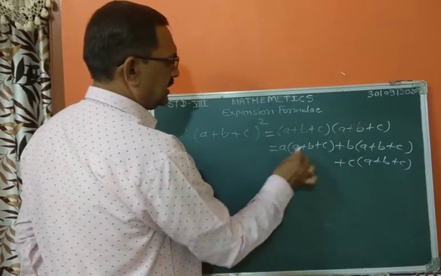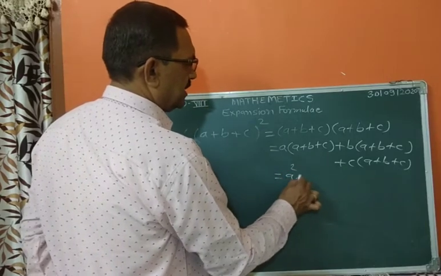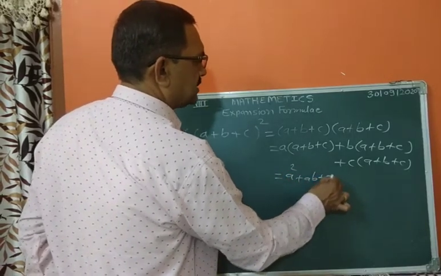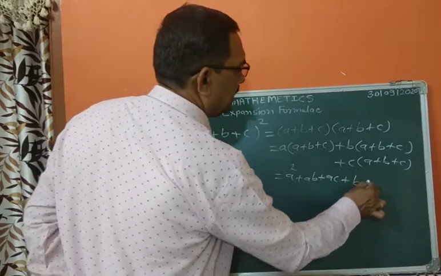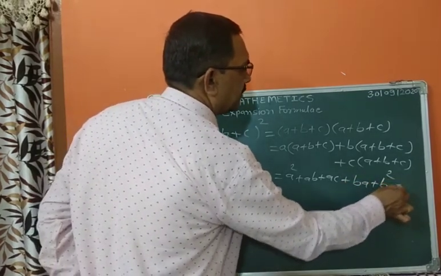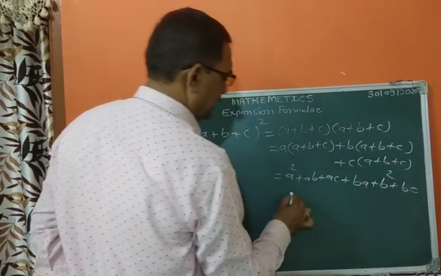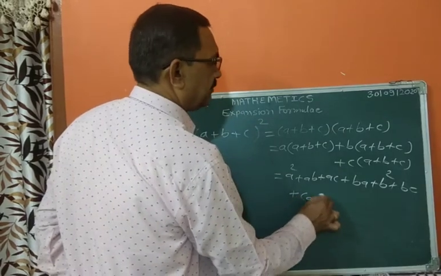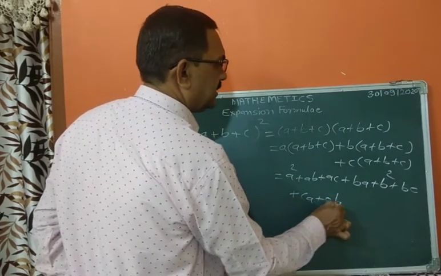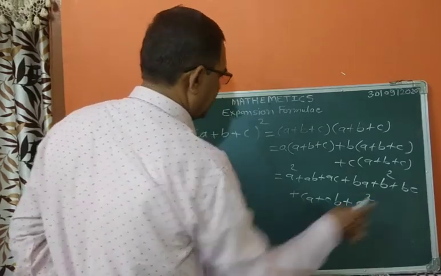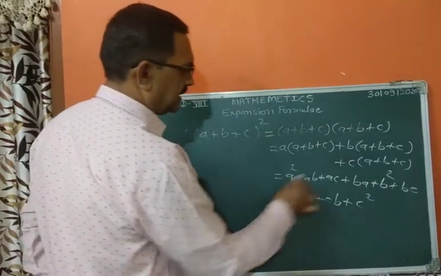Then solve in this way: a² plus ab plus ac plus ba plus b² plus bc plus ca plus cb plus c², and then rearrange and collect the same terms.